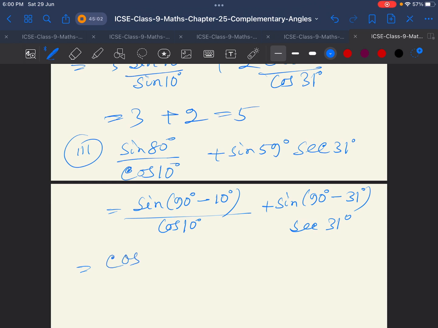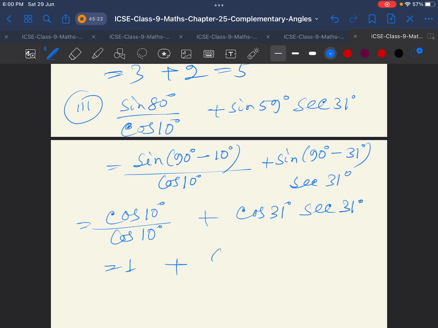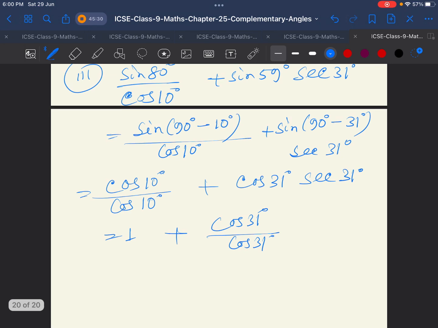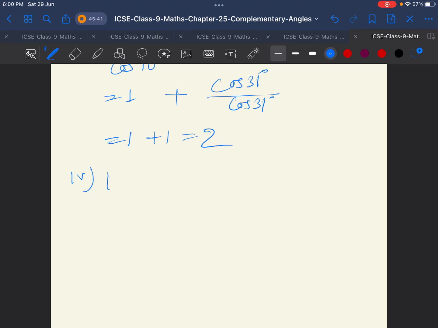So you can write this term cos of 10 degree by cos of 10 degree plus, sin (90 minus 31), we can write cos 31 degree into sec 31 degree. So this term is 1 plus this is cos 31 by cos of 31. Sec 31 is 1 by cos 31. So this is 1 plus 1 equals to 2.